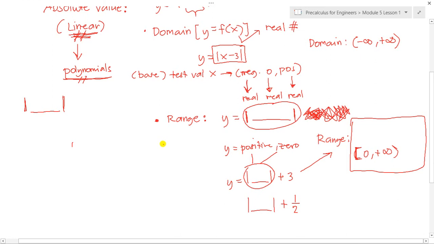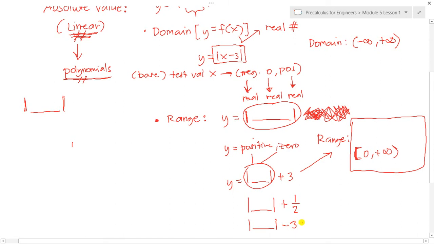Okay, pay attention. So here, how about, class, if I say absolute value, then minus 3?